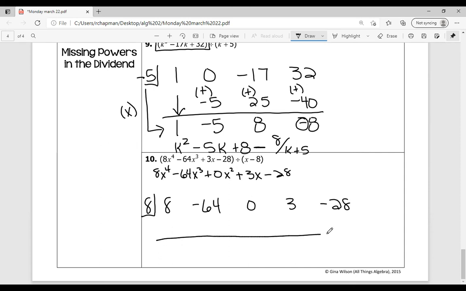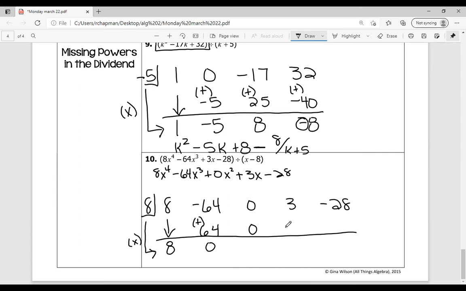Leave yourself some space and start the process. First number always comes down as is. Eight times 8 is 64. What happens when you add those numbers? It gives you 0. Now, 8 times 0 is 0, not 8.